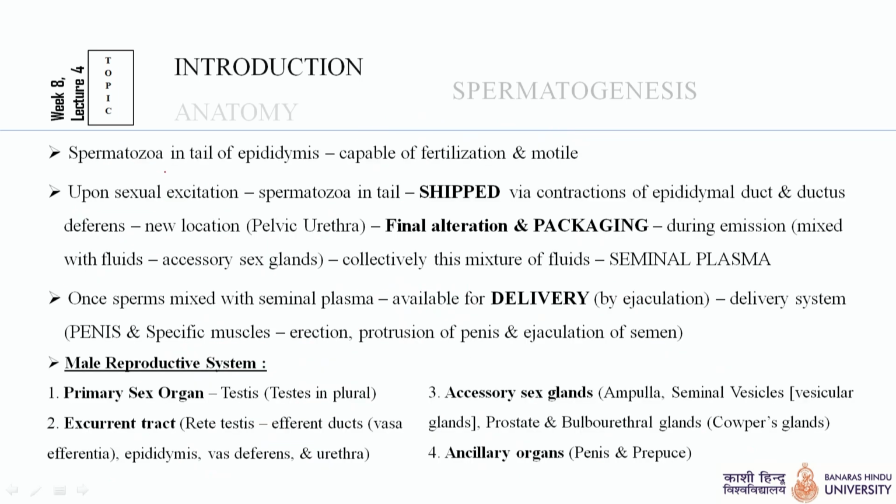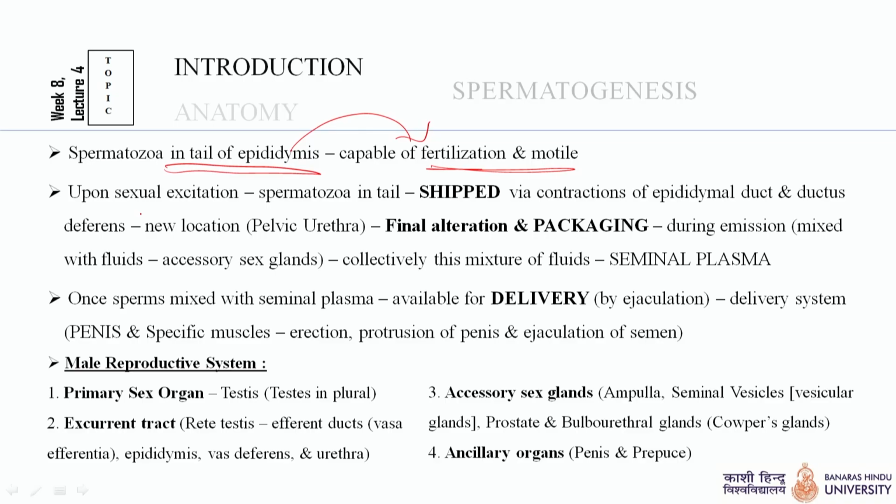Once the spermatozoa is in the tail of the epididymis, it has the capability to fertilize, and this spermatozoa is motile, whereas the earlier one was non-motile, which means it is able to swim. Then upon sexual excitation, the spermatozoa in the tail, that is the cauda portion of the epididymis, is shipped via contraction of the epididymal duct and ductus deferens.